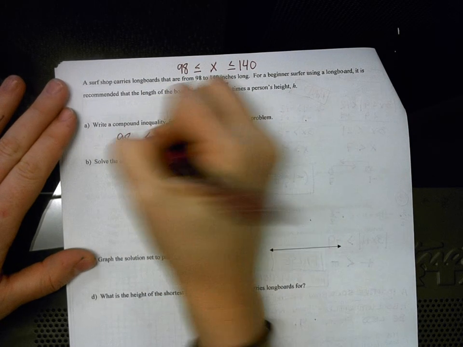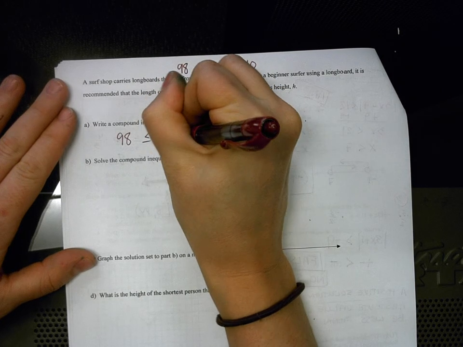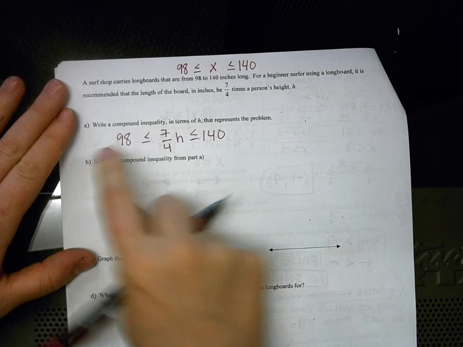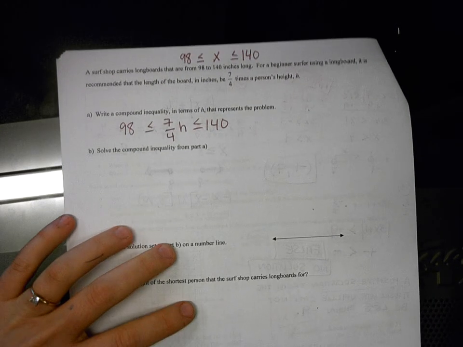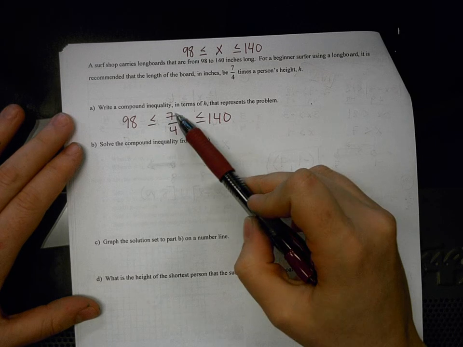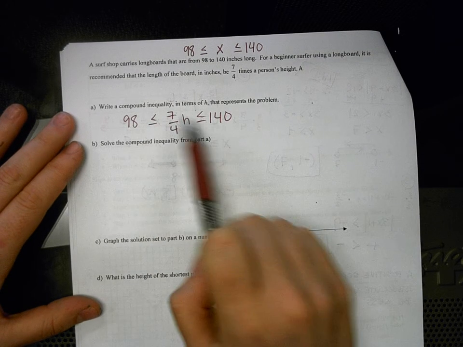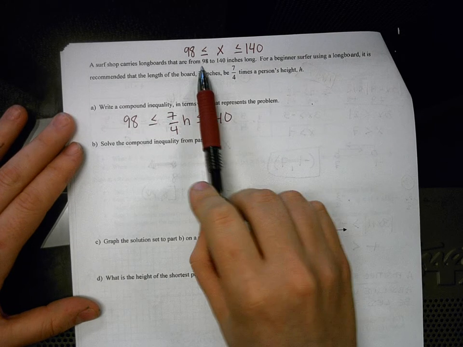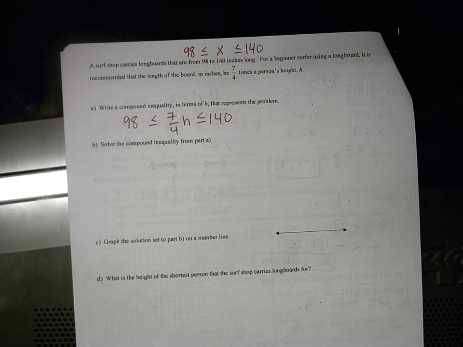So we're going to replace our X value with 7/4 times a person's height. And it says write a compound inequality in terms of H that represents the problem. And so we did that. 7/4 times a person's height needs to be somewhere in between 98 and 140 because those are the lengths of the boards that the surf shop carries.